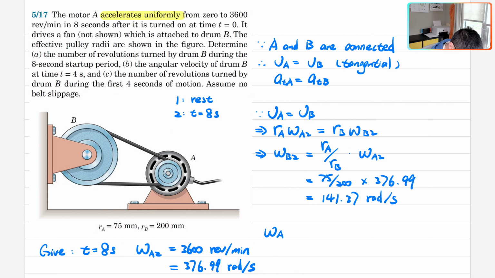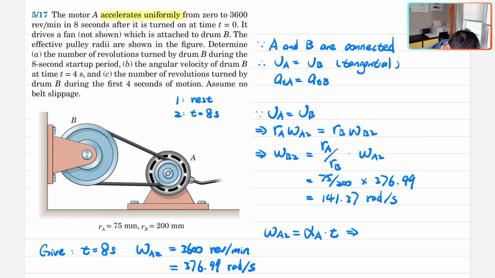Angular velocity of A is equal to, by equation, the angular acceleration of A times time. This is essentially v equals a t, right? Velocity equals acceleration times time. In rotational motion, we have angular velocity and angular acceleration. The time is the same thing.